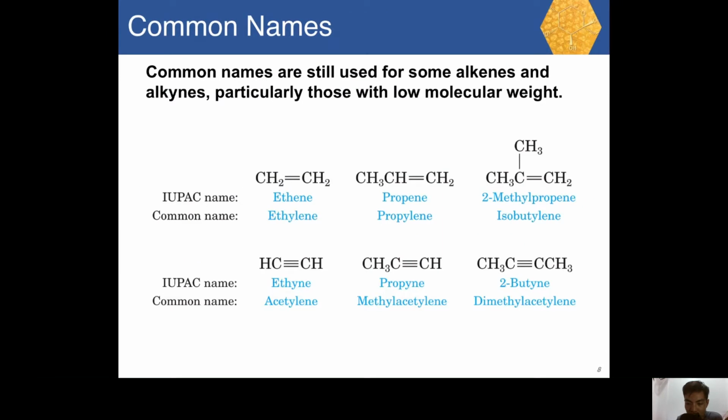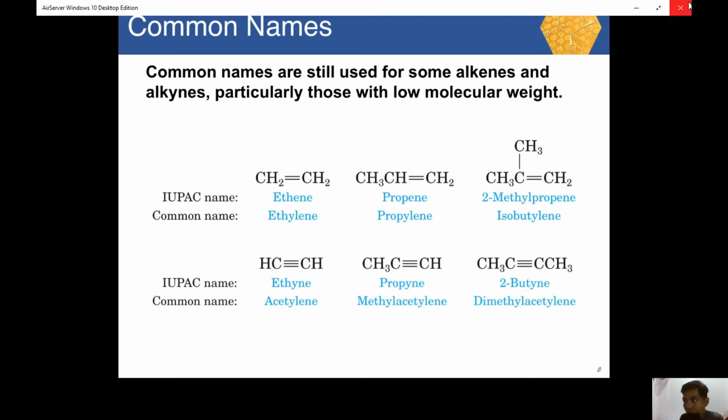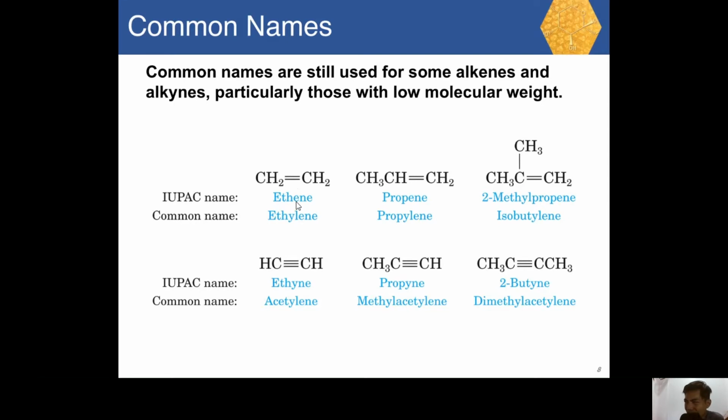By the way, bago tayo tumuloy sa practice, these are the common names of our alkynes and alkenes, no? Of low molecular weight. So ito yung ethene or ethylene. Saan ito ginagamit? Sa mga paggawa ng plastics, no? Ito yung propylene.